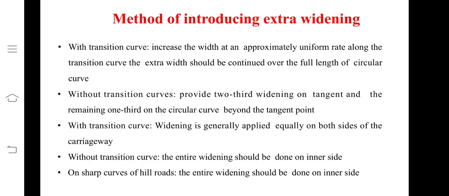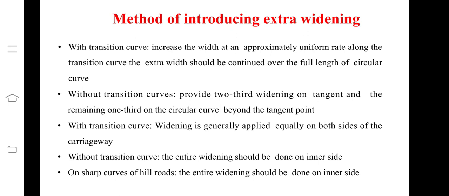Now how is this widening introduced? With transition curves and without transition curves. With transition curve, increase the width at an approximately uniform rate along the transition curve. The extra width should be continued over the full length of the circular curve.